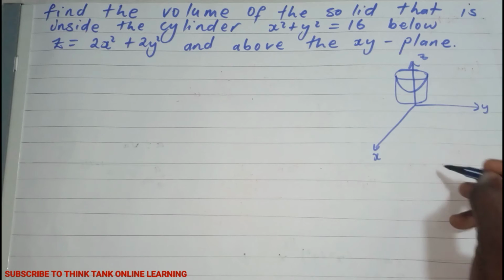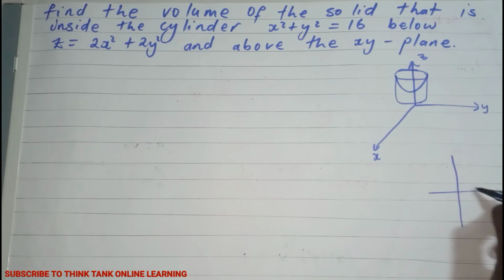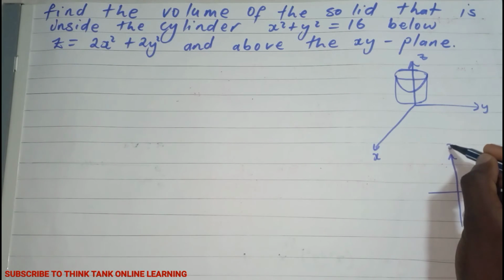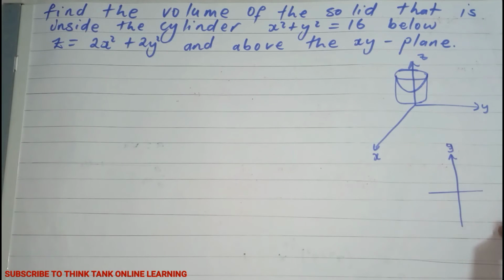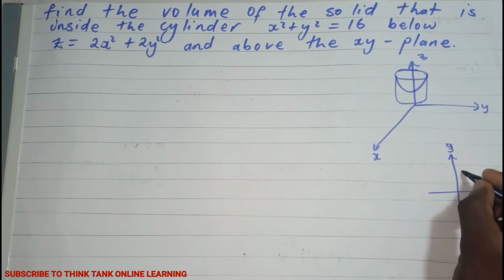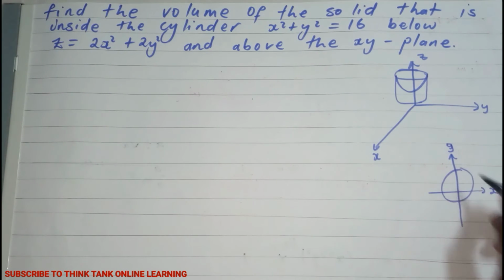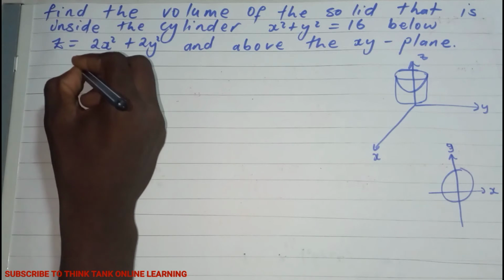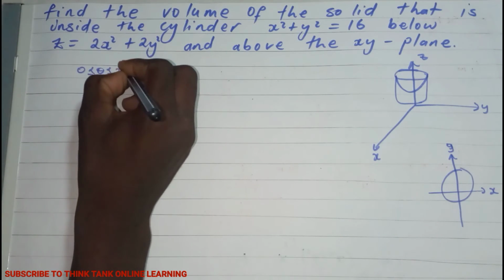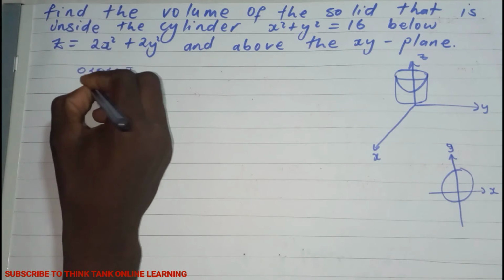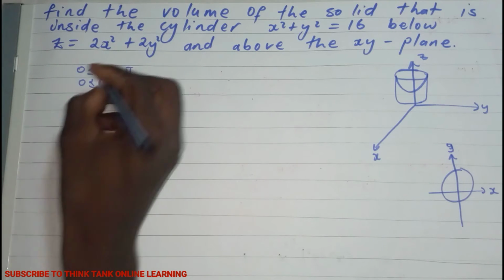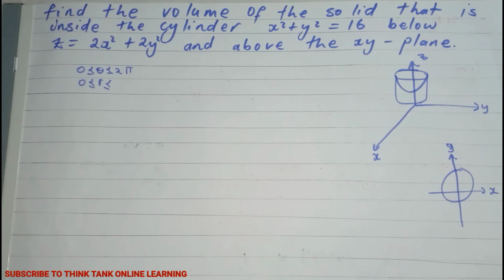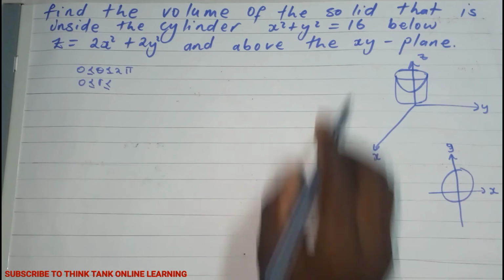Okay, so now we're going to have our xy plane. I think everybody knows now that theta ranges from 0 to 2 pi, and r ranges from 0 to, well, we don't know what r ranges to yet.